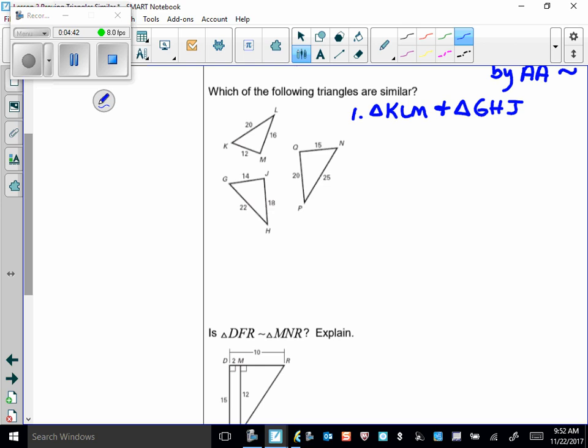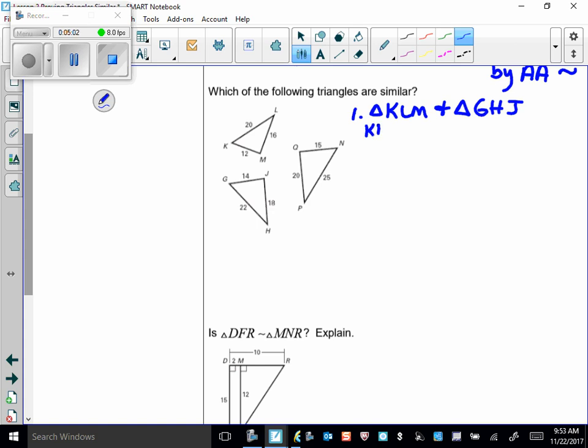And what we're going to do is set up ratios comparing all the corresponding sides, and if all those ratios are equal, then we know that those two triangles are similar. So for KLM, let's start with the longest side in each triangle first.